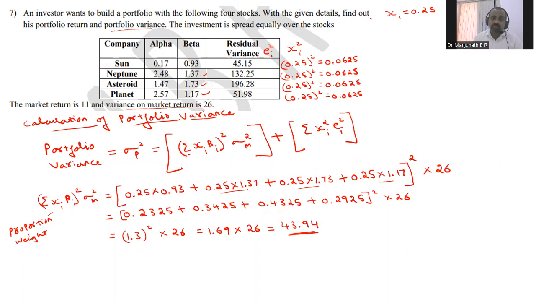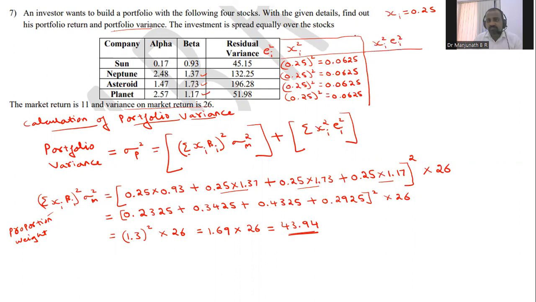Right. And now what I'll do, as per the formula, I'll be just multiplying the xi square, we have this xi square, now multiplied with ei square, and that ei square is here.